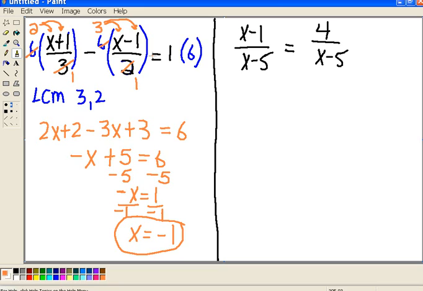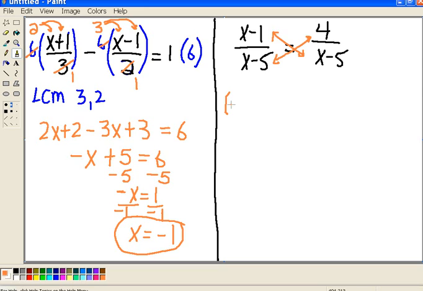Now let's turn our attention to this problem. If we have just one term on each side, then we can solve it basically by doing something that we call cross multiplying. Okay? In other words, I'm going to multiply the numerator of one side by the denominator on the other side and set it equal to the numerator on the other side times the denominator on this side.